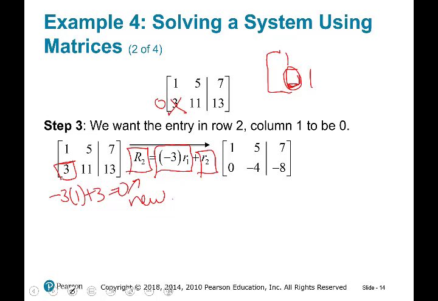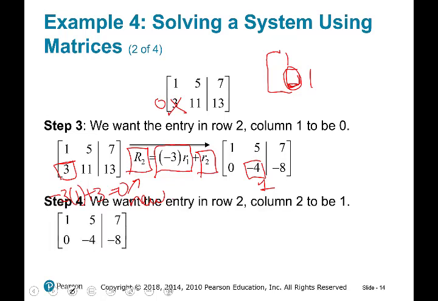Now, next thing, I need this number to be a 1. So I'm going to divide row number 2 by minus 4, because if I divide this by minus 4 and divide this by minus 4, this number gets to be a 1.